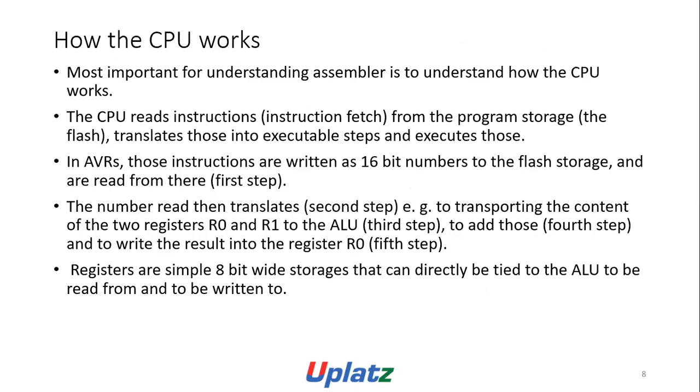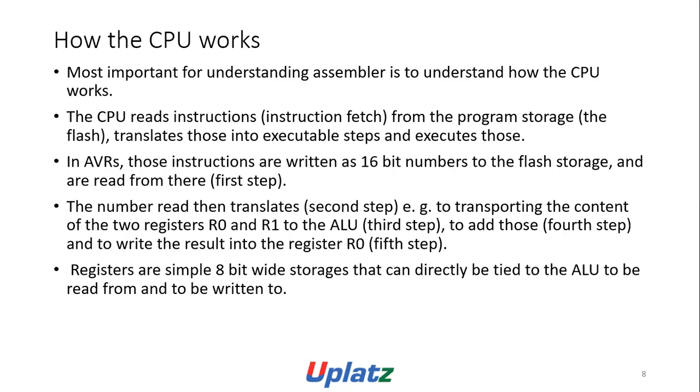How the CPU works. The most important thing for understanding assembly is to understand how the CPU works. The CPU reads instructions, instruction fetch, from the program storage, the flash, translates those into executable steps and executes those. In the AVRs, those instructions are written as 16-bit numbers to the flash storage and are read from there, first step.